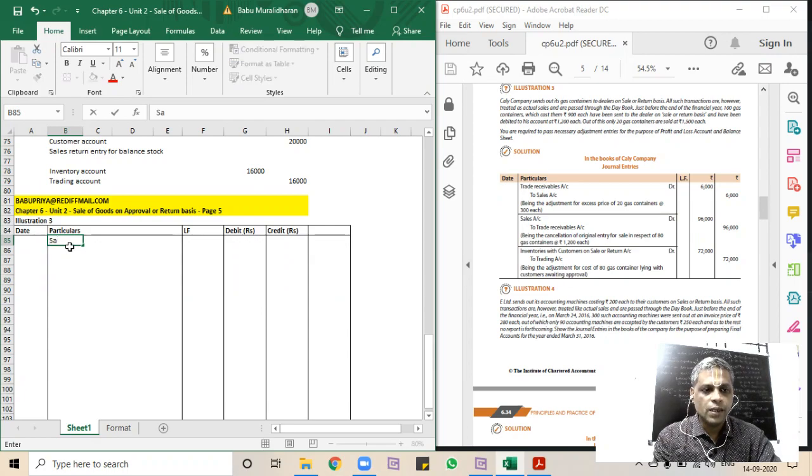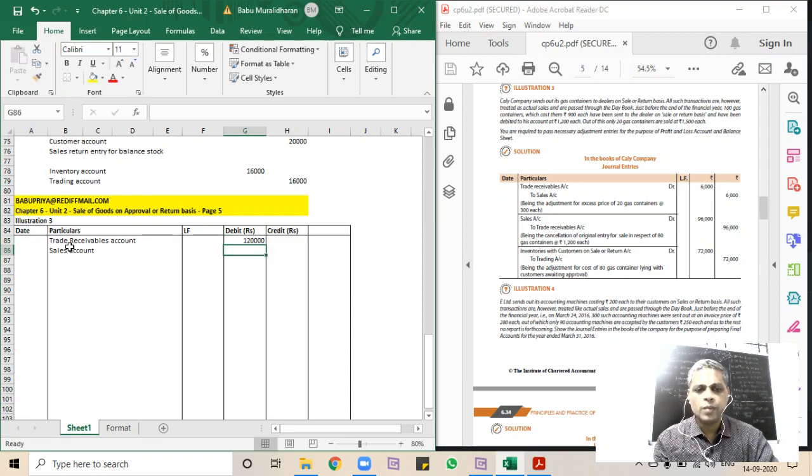The original entry could have been trade receivables account debit, sales account credit. The original entry could have been for 1200 into 100. This could have been the original entry.